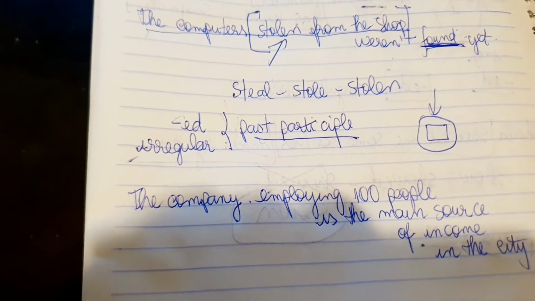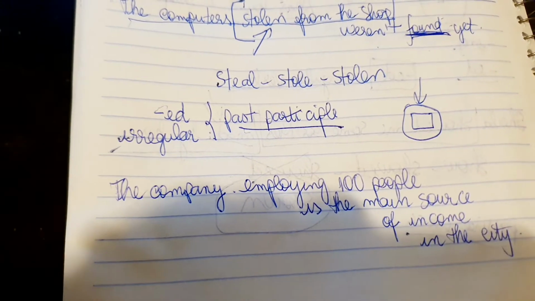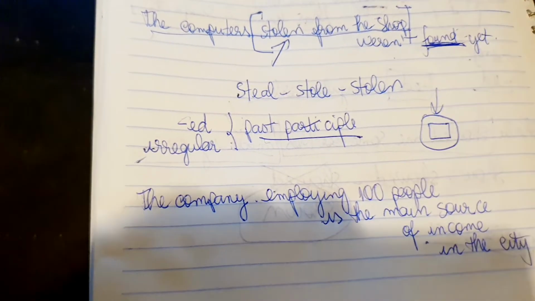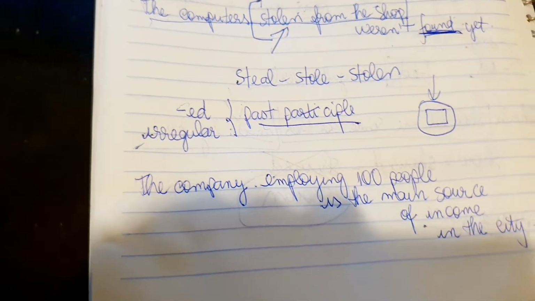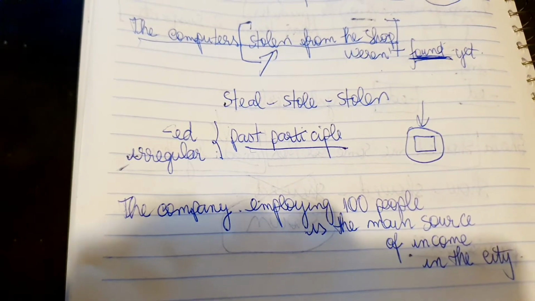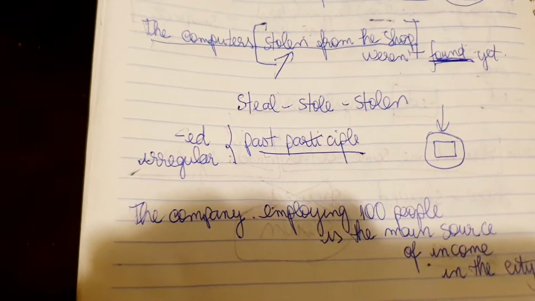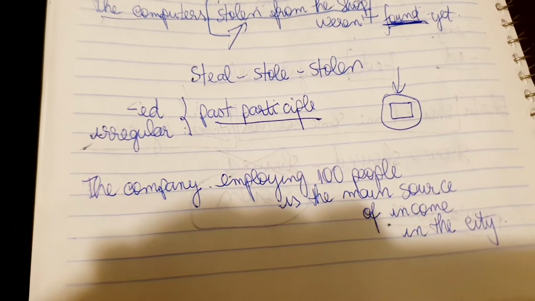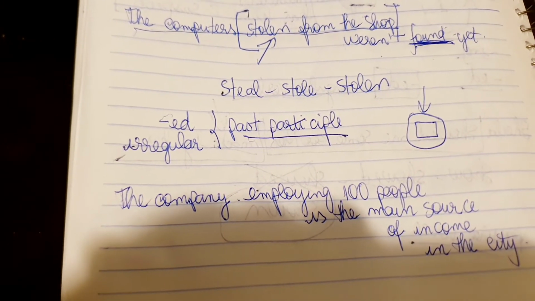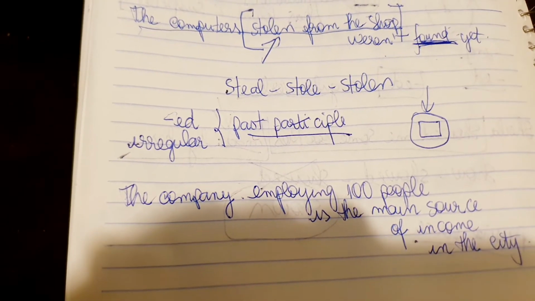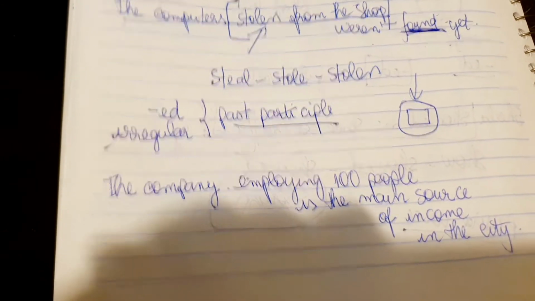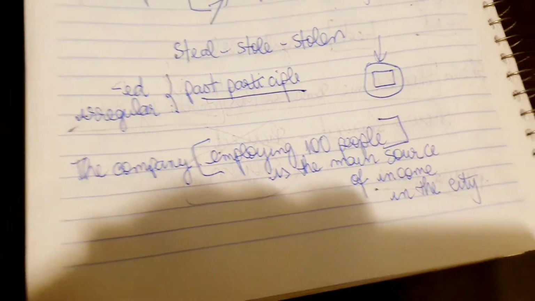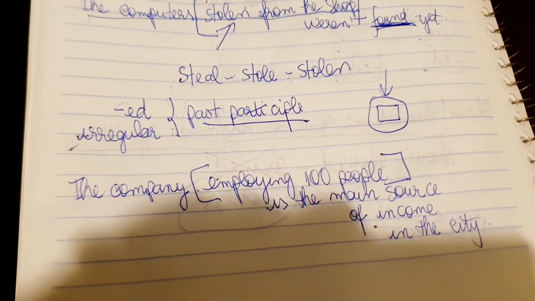You see, if the company leaves my city, my hometown, my city will have great big problems regarding economy, because many people will be unemployed, many families will be left without jobs, without money to spend, and as a consequence, the commerce, the businesses and the small companies will go bankrupt. So the company employing 100 people, for example, is the main source of income in the city.